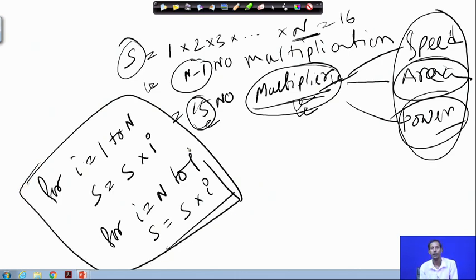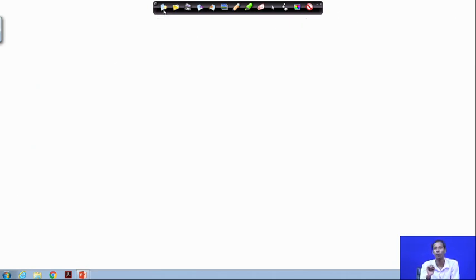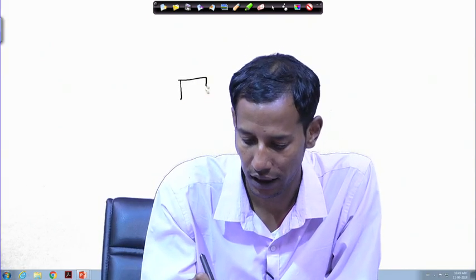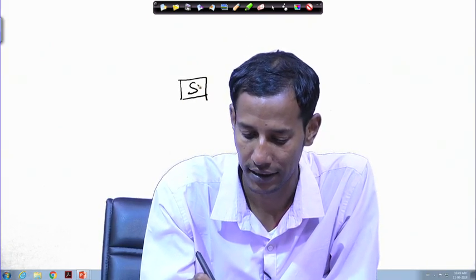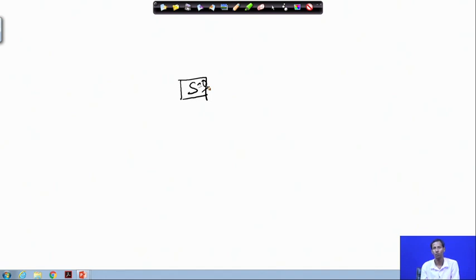Another change is required here. In the sum of n natural numbers, initially the S register was set to 0.